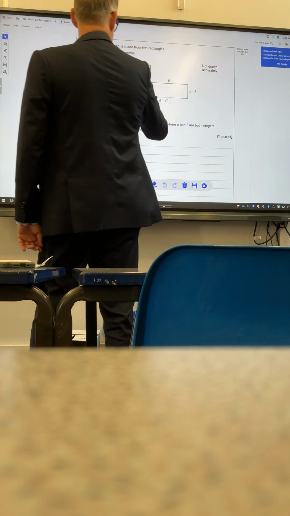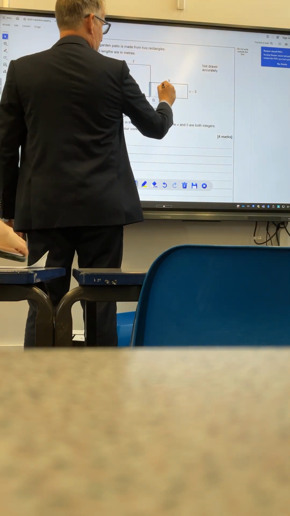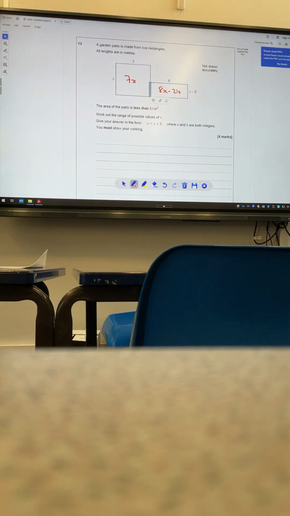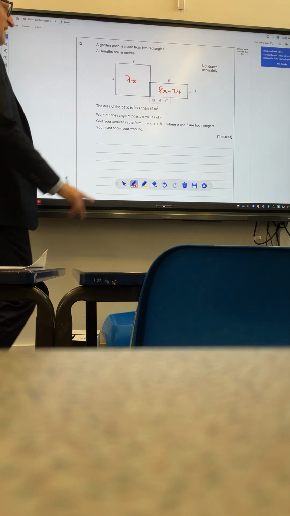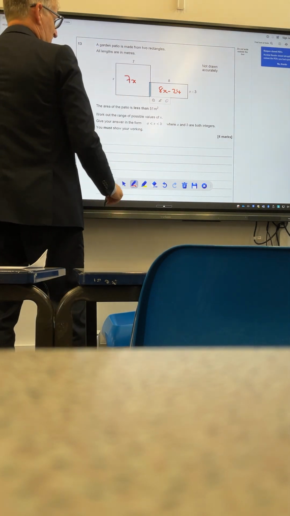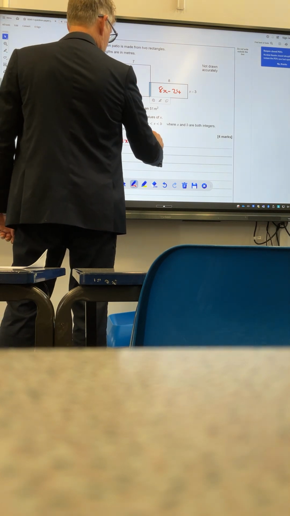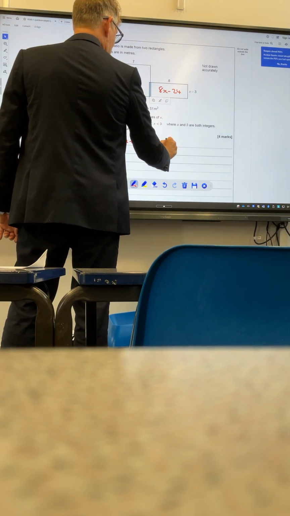So this is 7x, and this is 8x minus 24, and the area of the pattern is less than 51. There's going to be a little bit of a sneaky thing here. Add those together, and it's got to be less than 51.